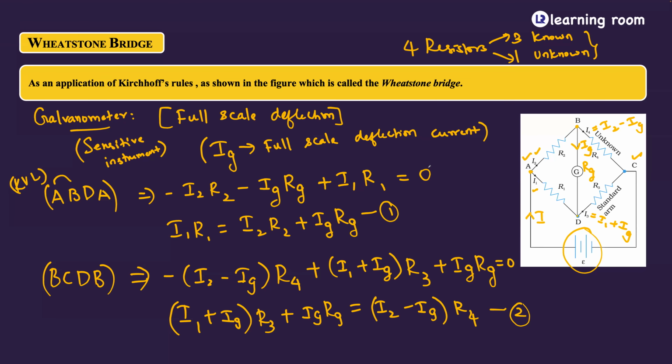So if you see the condition for a balanced Wheatstone bridge, it says the ratio of the resistances of the neighboring resistors. R1 and R3 are the resistors at the bottom, so R1 divided by R3 from LHS to RHS will be equal to R2 divided by R4, the LHS to RHS resistors in the top part of the circuit.